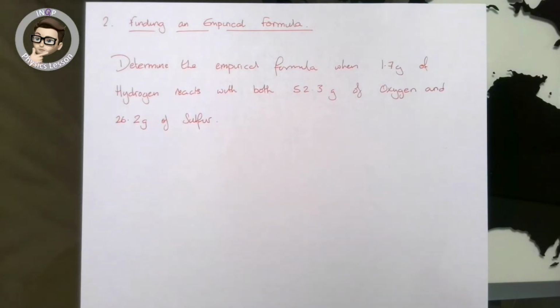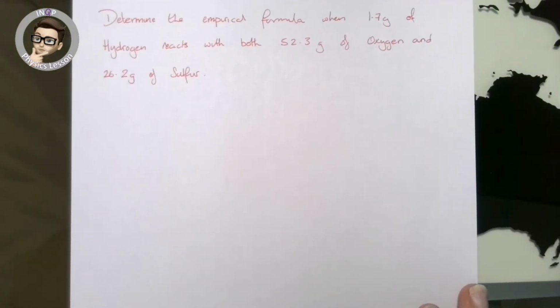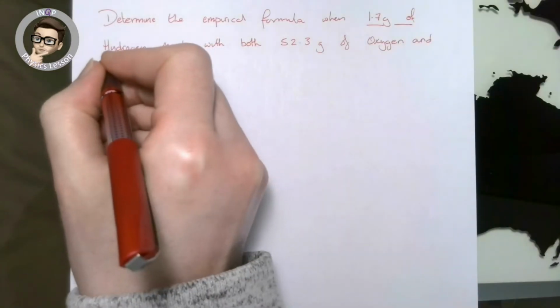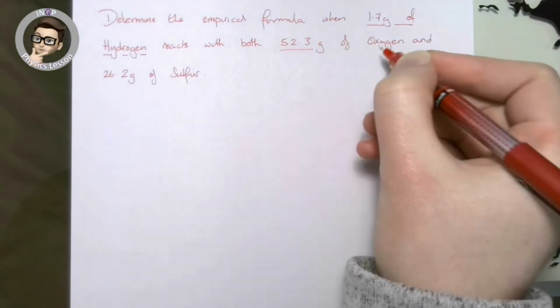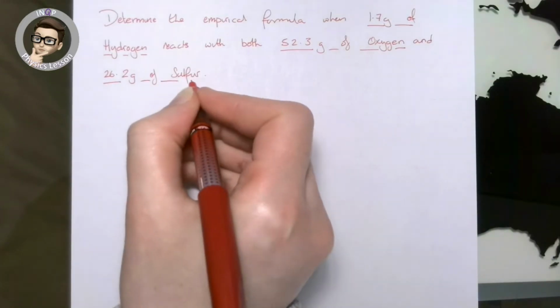Okay, so we're told what we know, we're told the question, so let's now underline what we know. So 1.7 grams of hydrogen, we know 52.3 grams of oxygen and 26.2 grams of sulfur.